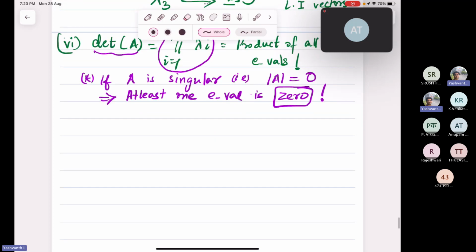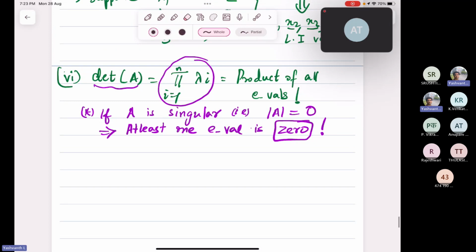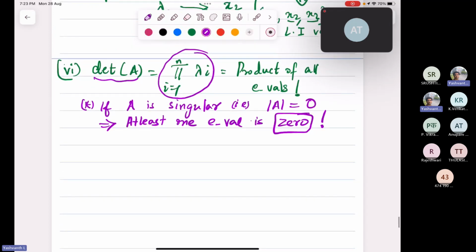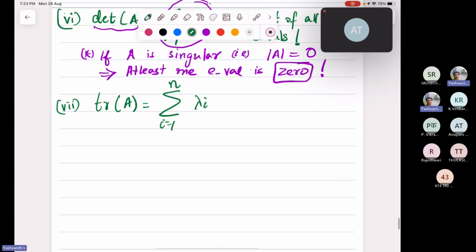Maybe what I will do is write the next property, and then I will take an example to find the eigenvalues of a singular matrix. No problem. Now the last property is: trace of matrix A is equal to the sum of the eigenvalues.